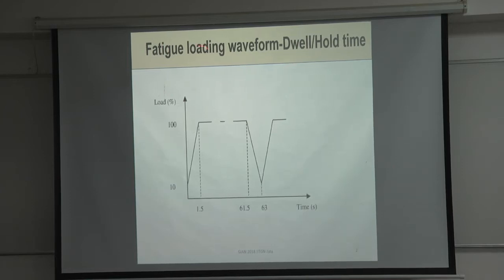This is the kind of waveform that people use to understand dwell fatigue in fatigue crack growth, fracture mechanics specimens, or low cycle fatigue specimens also. Those are the two types of specimen configurations we use to understand dwell fatigue, at least that's what we have done so far.